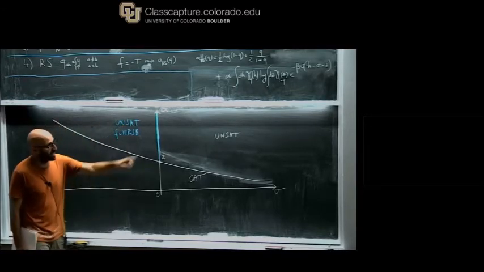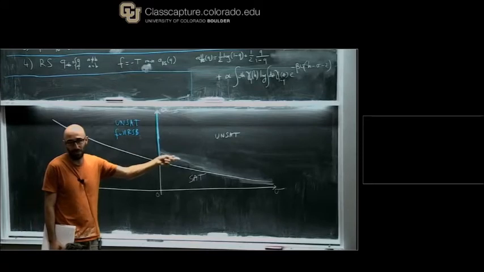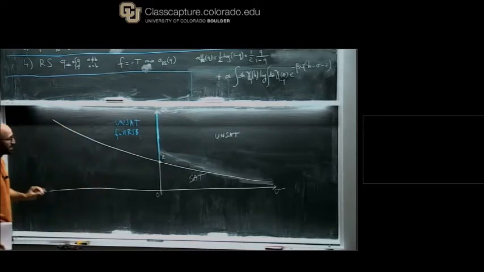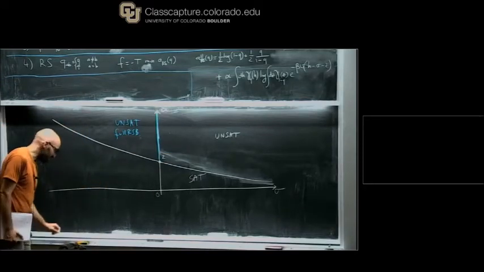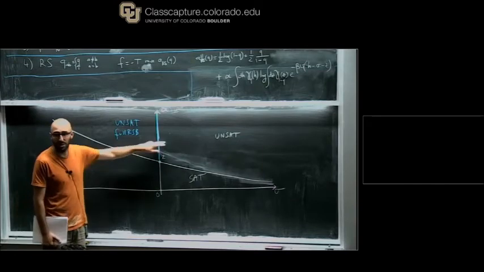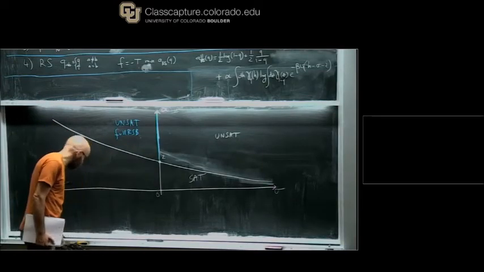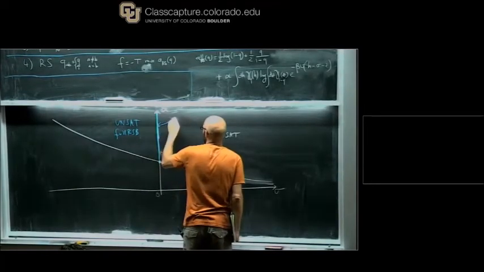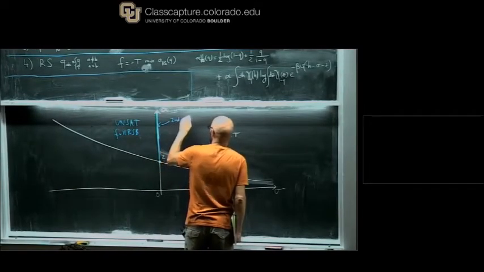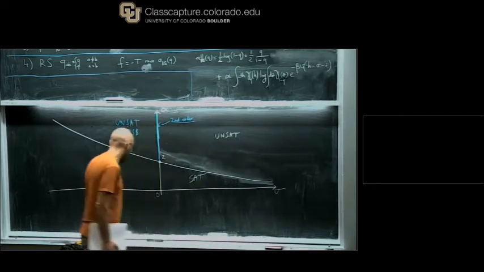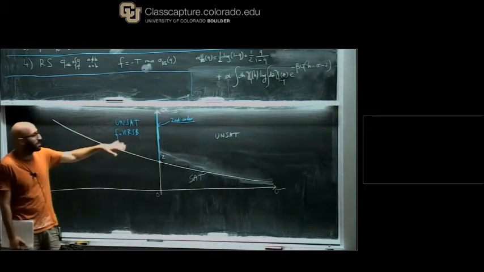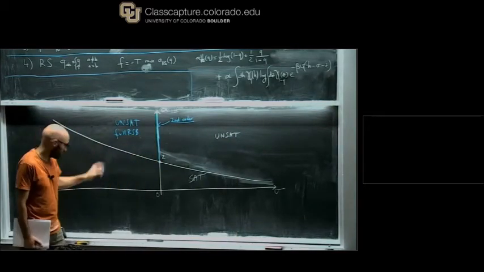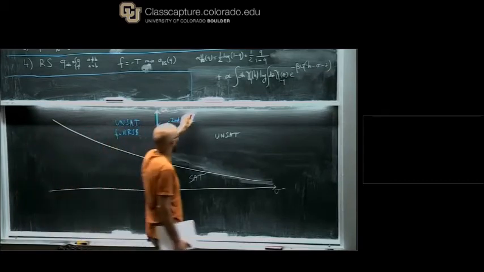Full RSB means that I have to iterate this thing an infinite number of times, but we know how to do it. It's not so complicated. And this is a continuous transition, so this is a second order phase transition. The breaking of the symmetry will be continuous, and this is exactly what happens, for example, in the Sherrington-Kirkpatrick model.